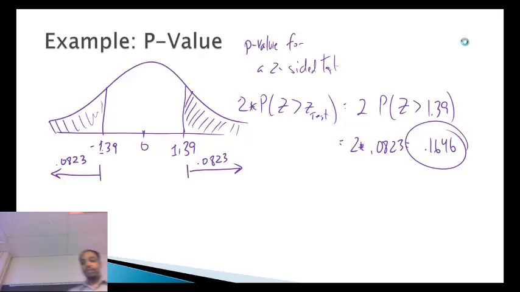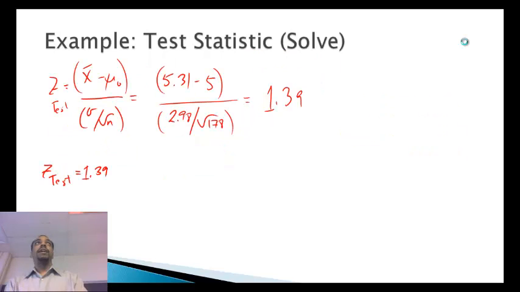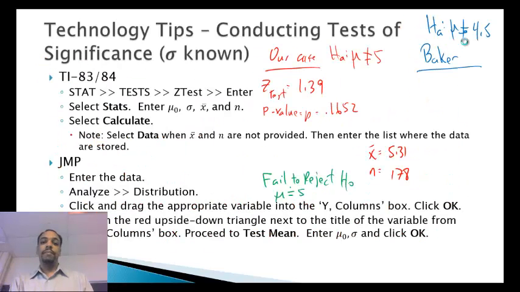Now we could go through this step by step the old-fashioned way. No. Let's go and use the calculator. In the calculator, everything's already typed in. Stat, Test, Z-Test. I'll change the hypothesized value to 4.5, and everything else stays the same.